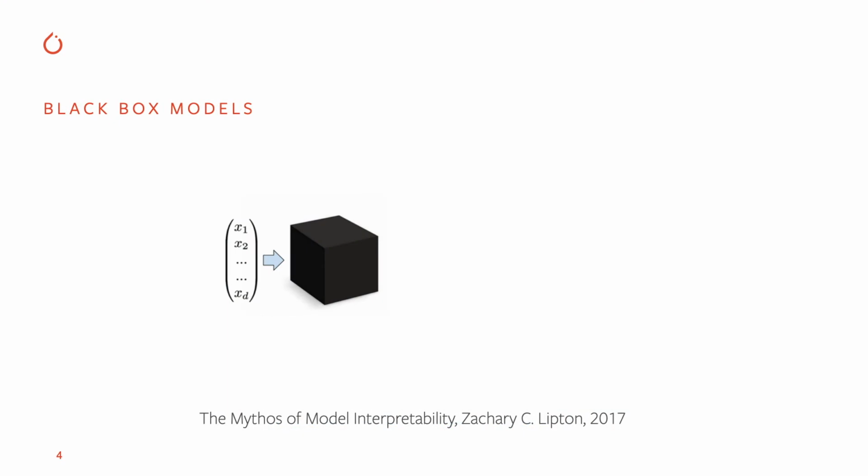If we don't have access to the internal workings of a model and we don't know how the model makes predictions, then we call that model a black box, as also visualized on this slide. Let's say that we are given a black box model and we are told that this model is making accurate predictions.